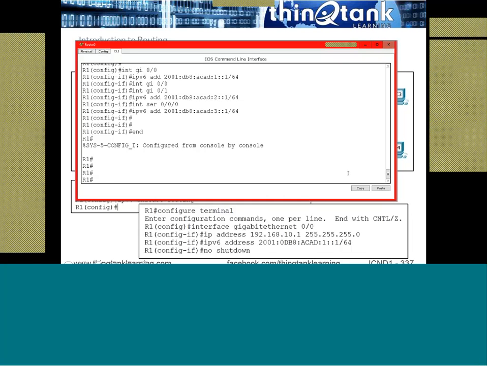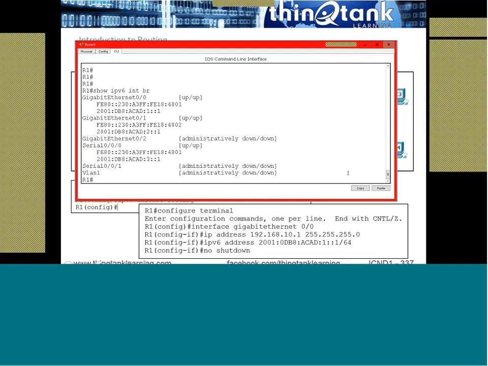But go into the left router, show ipv6 interface brief. Remember, we are now working with IPv6. We're not working with IPv4. We have done something to this router called dual stack. These routers are actually running both protocol stacks. Okay?